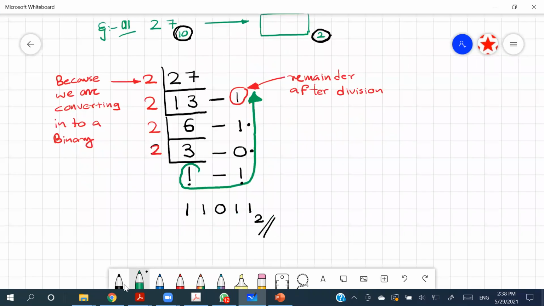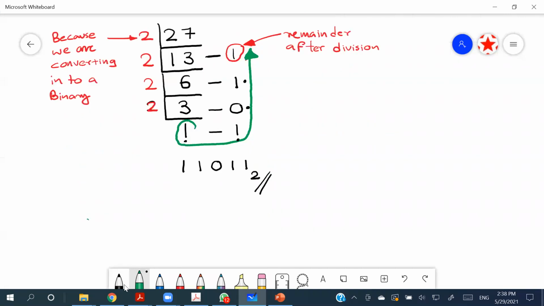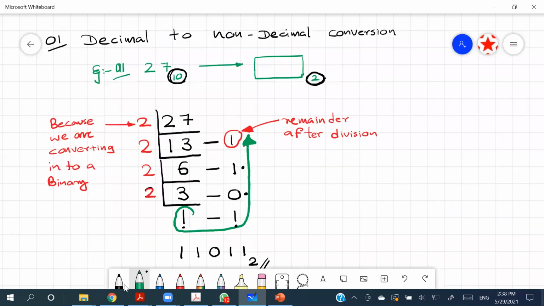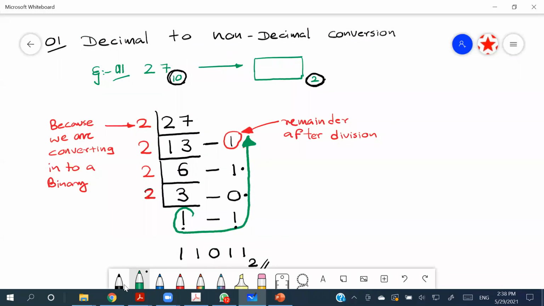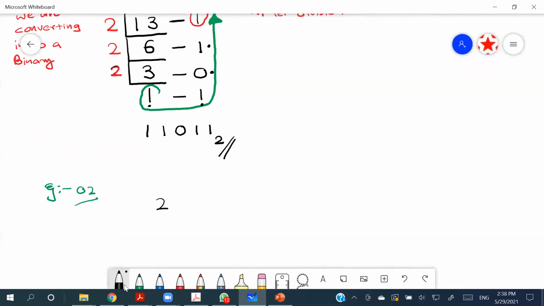So I'm going to do example number 2 to show you how the very same decimal value is converted into the octal value, right? So this time we are taking 27 in decimal. The requirement is we need the answer in octal, right?